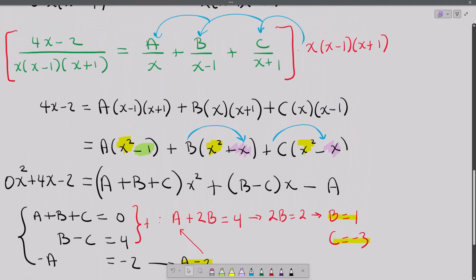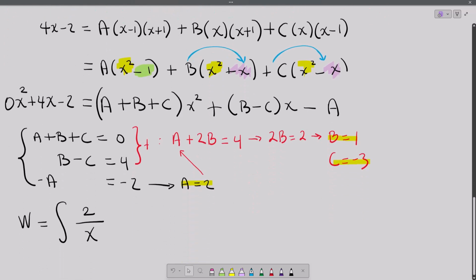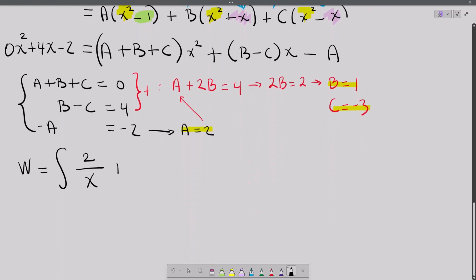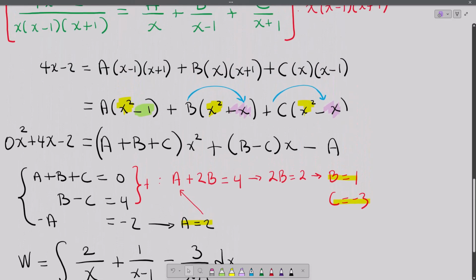So we're using our form right here, 2 over x, and then b over x minus 1, and then c, minus 3 over x plus 1. And that minus 3, we can pull the minus in between as the operation. So once we get a, b, and c, we're just going to plug them right into there.